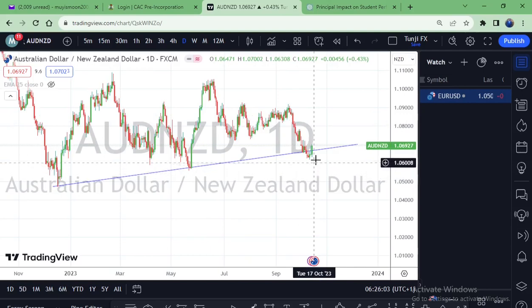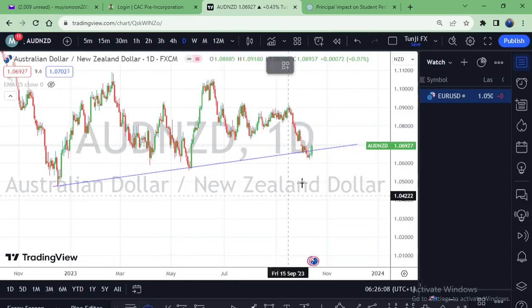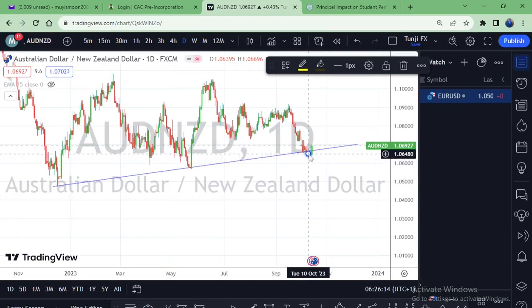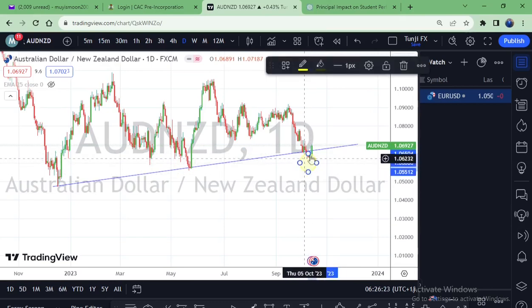shows us something like a fake out, or what they call a turtle soup. So this is more like a fake out, a turtle soup.